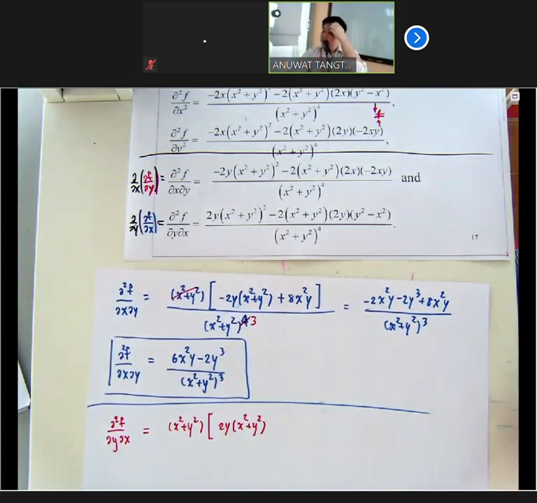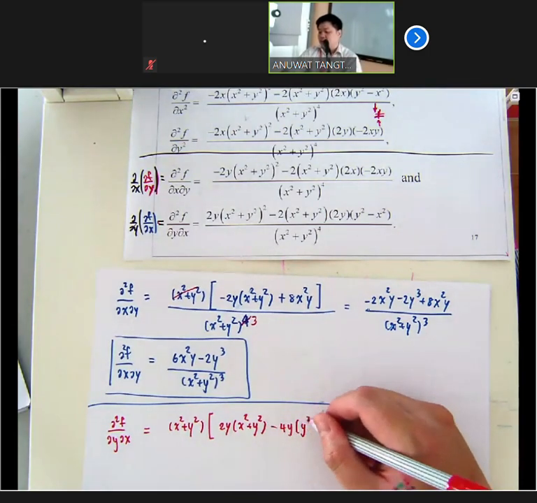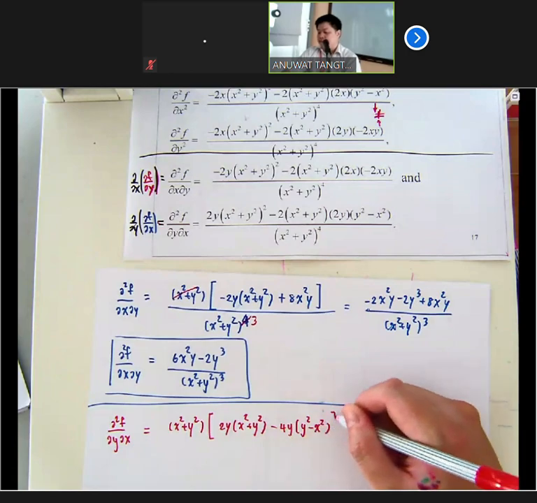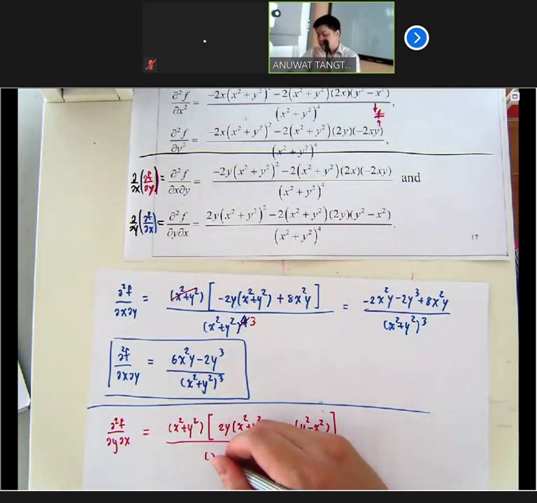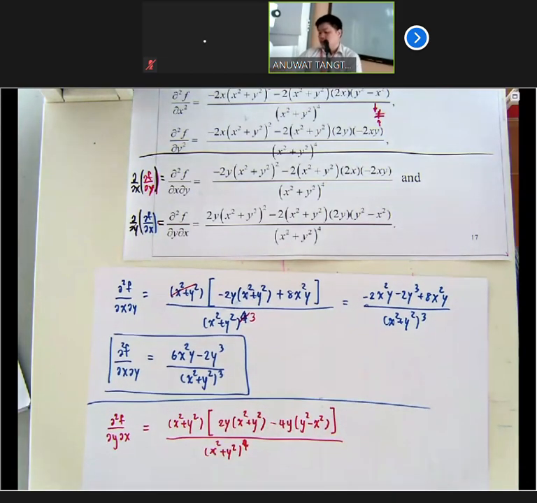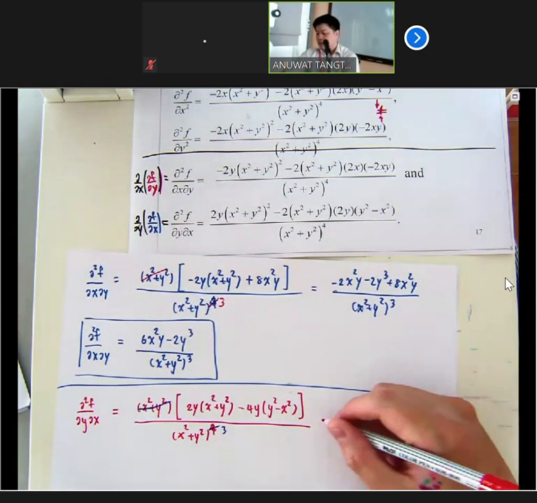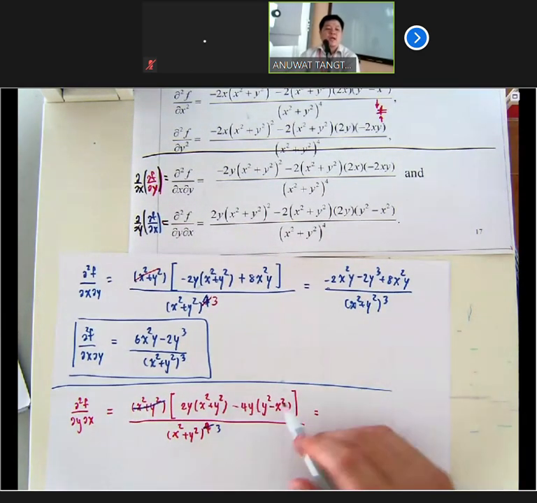And this will be minus 4y, and then times y squared minus x squared. One term of this can be cancelled. Now expand this out.